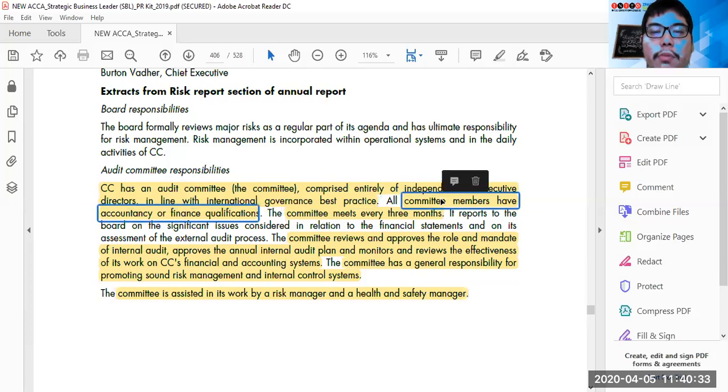Benefit number two: all the committee members have accountancy or financial qualifications. The issue is that they can only identify risks associated with the financial side.